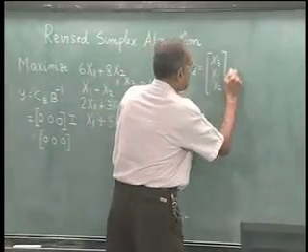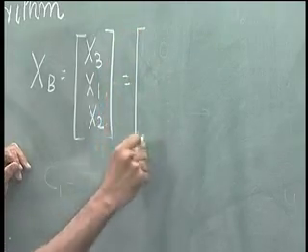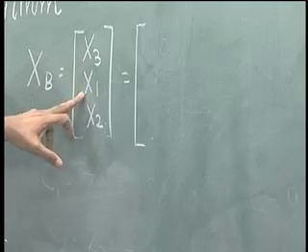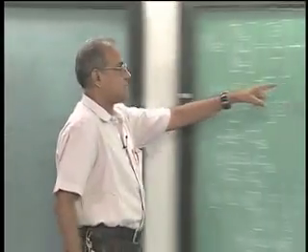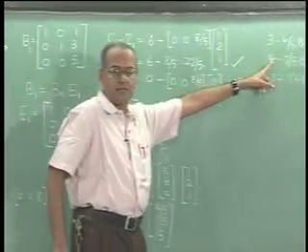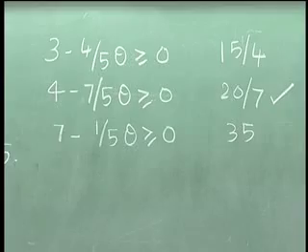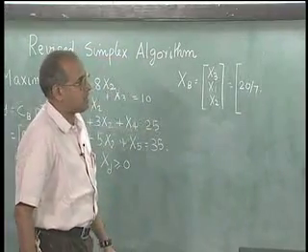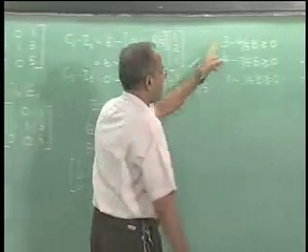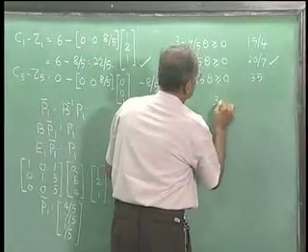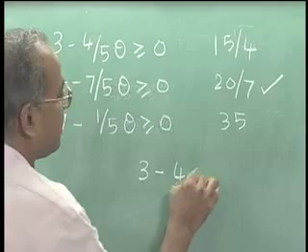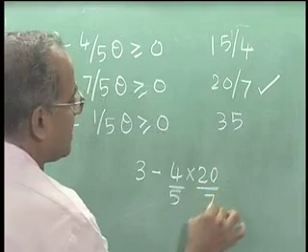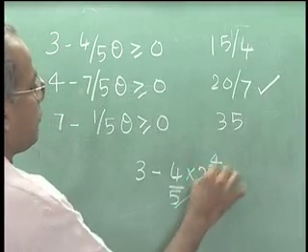So, now the values of these three are given by, the second one was the one which left the basis with theta equal to 20 by 7. So, this variable x1 will take 20 by 7, the other two will take the corresponding values. So, this will become 3 minus 4 by 5 into theta. So, 3 minus 4 by 5 into 20 by 7, so 4 16.